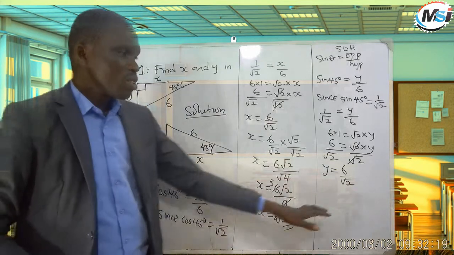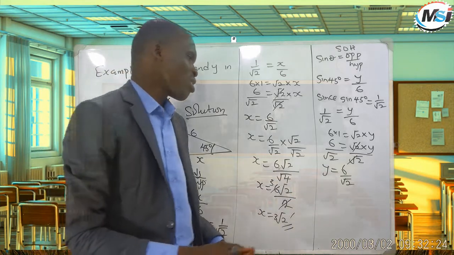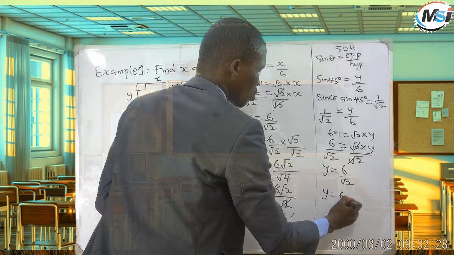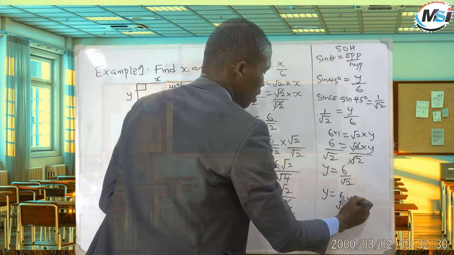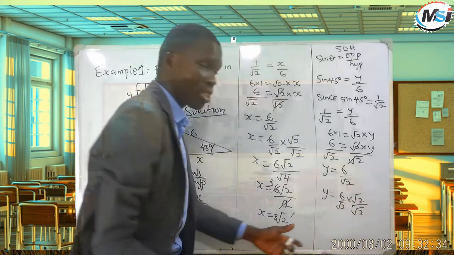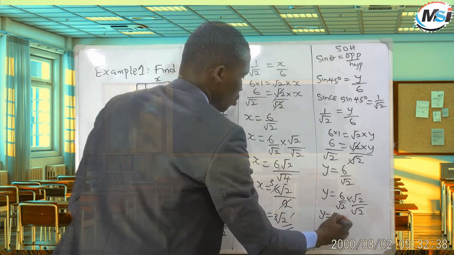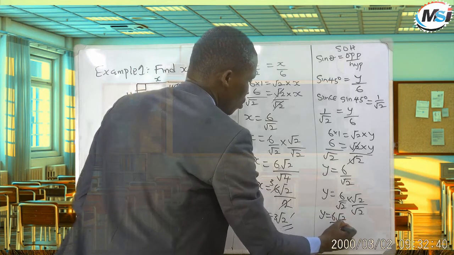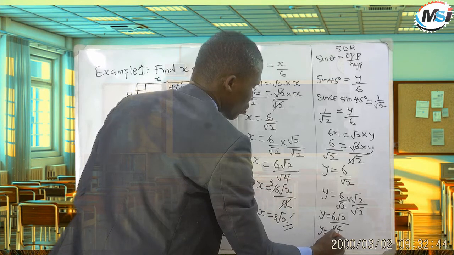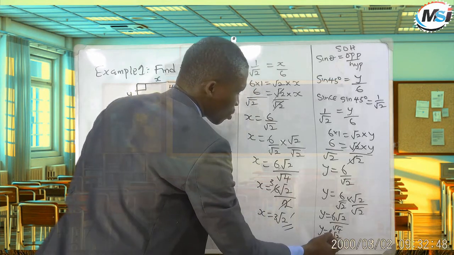Now, you are not going to stop here, because y will give you 6 over root 2 times root 2 over root 2. That means you rationalize. y will give us 6 root 2 all over root 4. y will give us 6 root 2 all over 2. 2 here 1, 2 here 3.